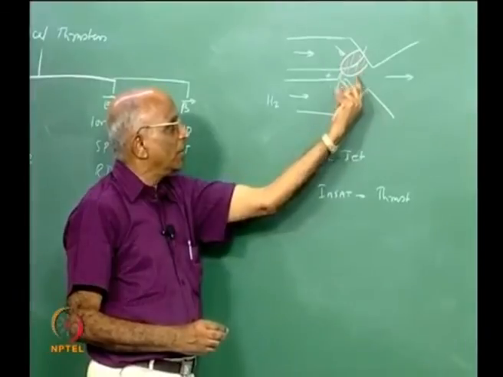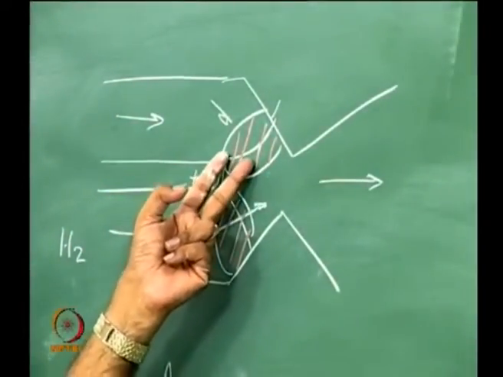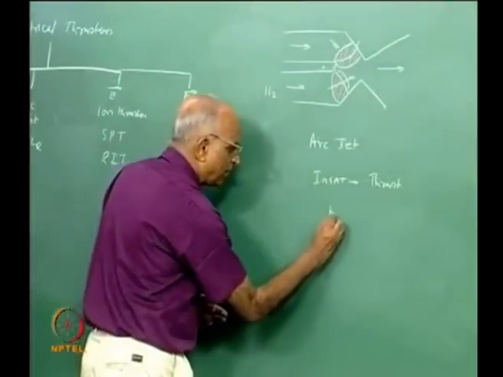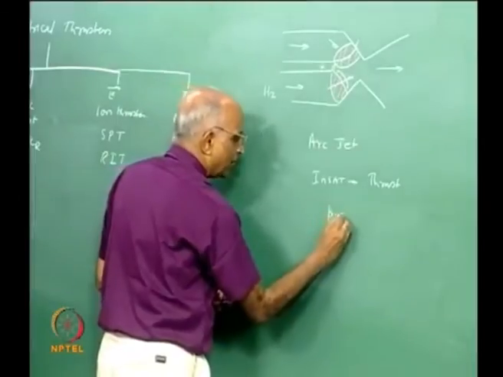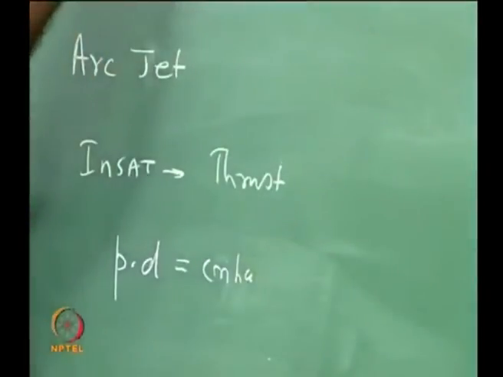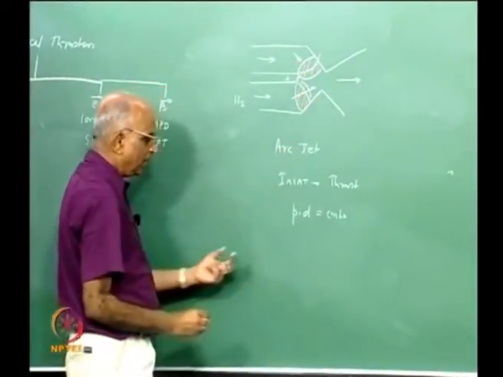When I start supplying the gas, the vacuum level comes down, and if the vacuum level drops to a level wherein the product of pressure and distance is a critical value, I get something like a discharge coming, I can heat the gas and I can get a thruster.